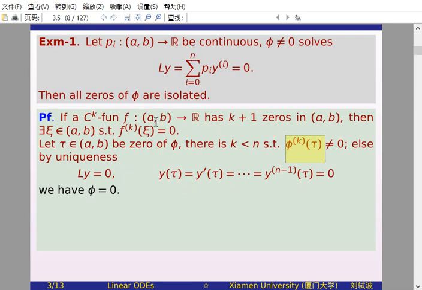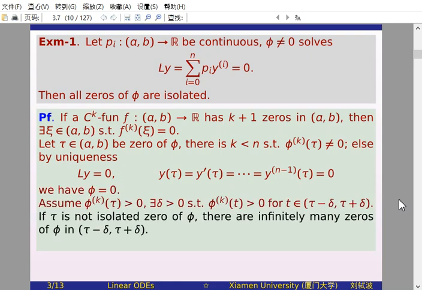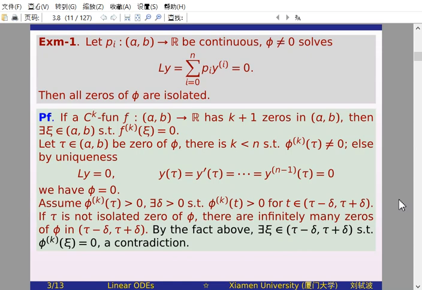To prove the general n case, you have to seek help from this calculus result. Differential equations use a lot of calculus and analysis techniques, so you should pay attention to this.